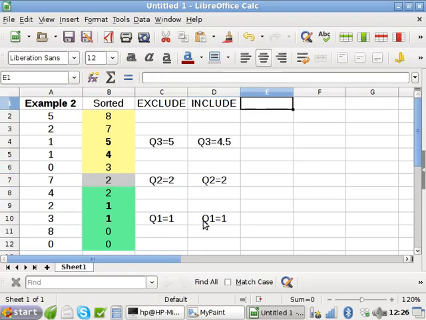Which one do they prefer in the exam? I think in the exam, I don't know. I'll have to check the exam. The good news is it doesn't usually happen in the exam.